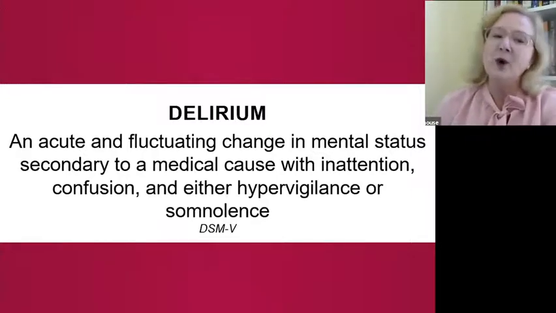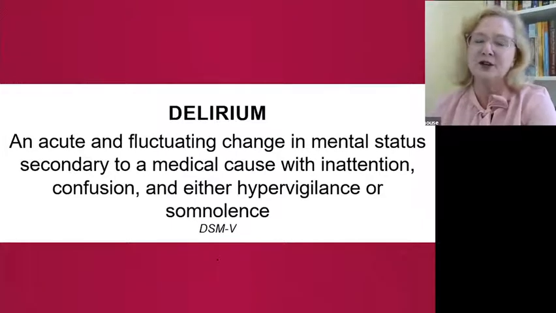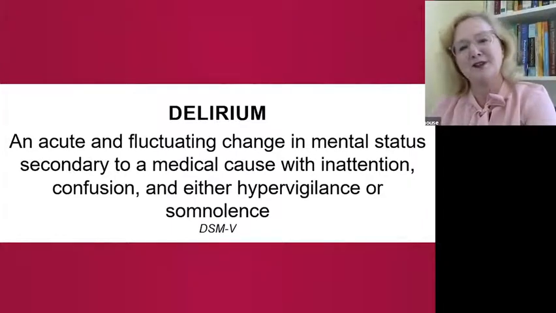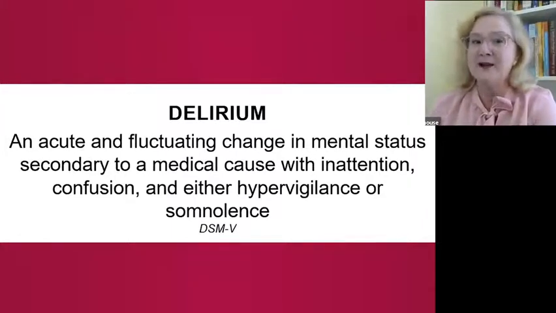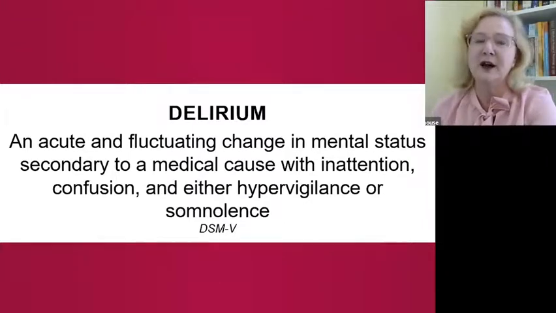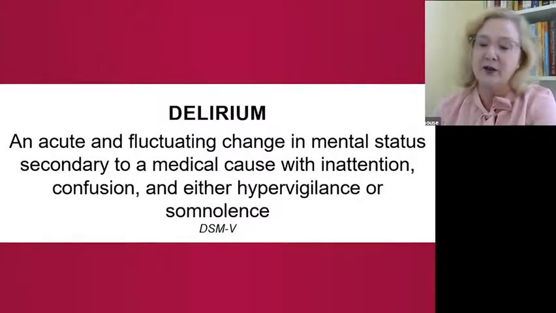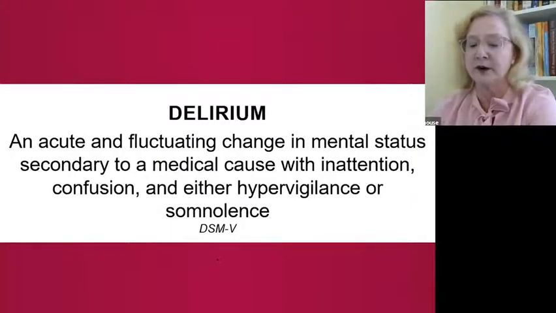But the hypoactive form, and of course, who do we think is going to get the most attention from the healthcare staff, is probably that hyperactive person, whereas the hypoactive, they're sleeping and they're not bothering anybody. But unfortunately, that hypoactive delirium patient has the worst outcomes, and they are the most ill, and it's the least recognized form of delirium.